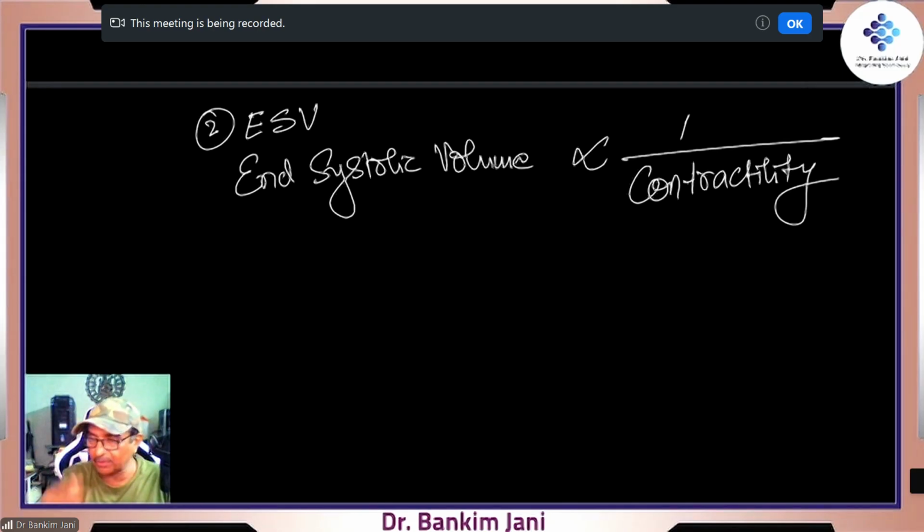Contractility means with what power the left ventricle is squeezing the blood out of the heart. So that is the end systolic volume. Are these two concepts crisp and clean? Because then we'll be adding the third concept, which is based on this.